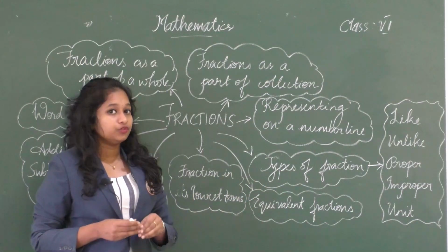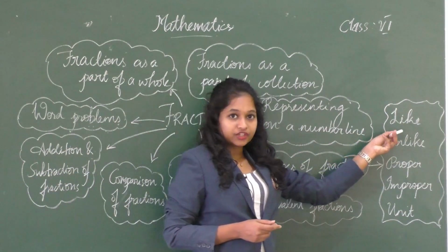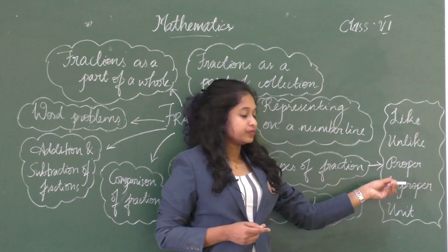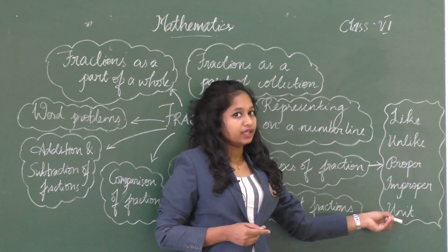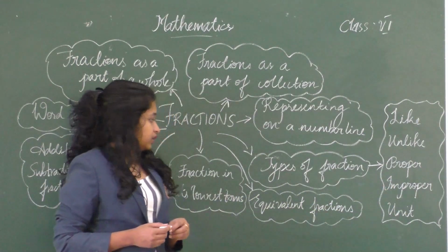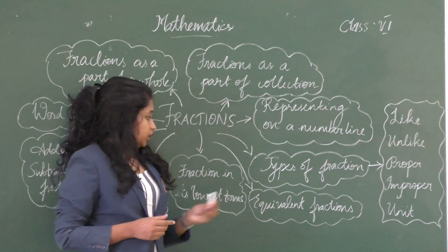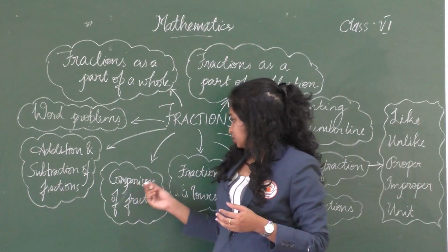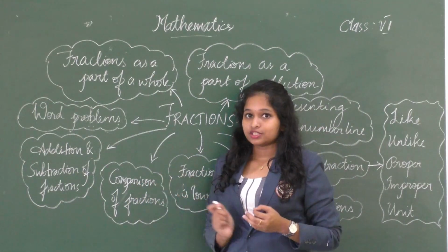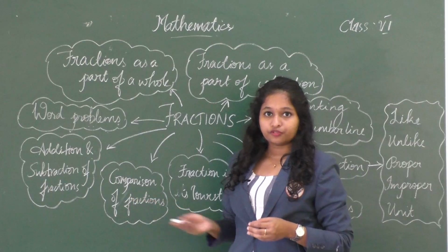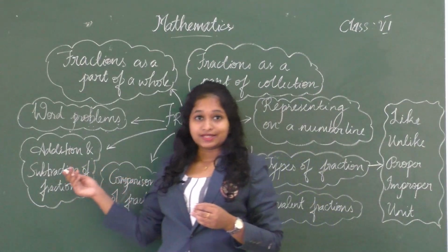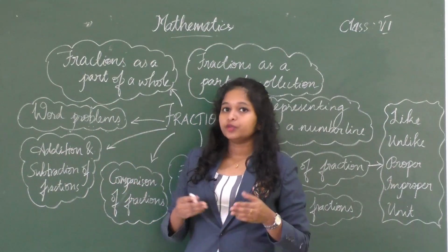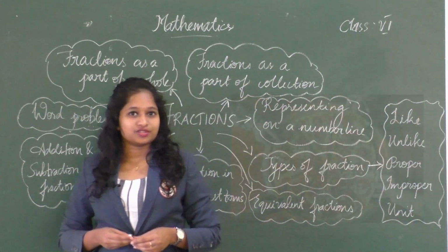Under the types, we would learn about like fraction, unlike fraction, proper fraction, improper fraction and unit fractions. And then we would learn about equivalent fractions and then fraction in its lowest terms, comparison of fractions, addition and subtraction of fractions, and also word problems related to fractions.